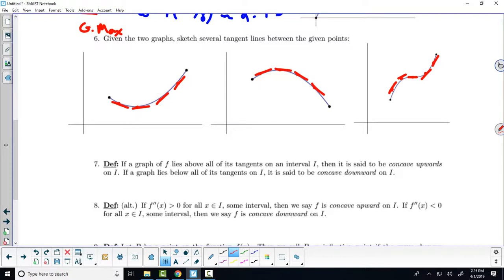So on the first graph, notice all the tangent lines are below the curve. And on the second graph, notice all the tangent lines are above the curve. There are different definitions for concavity. Different books give it different ways. I like the definition of concavity that says a function is concave up if the tangent lines are always below the curve on that interval. Okay?